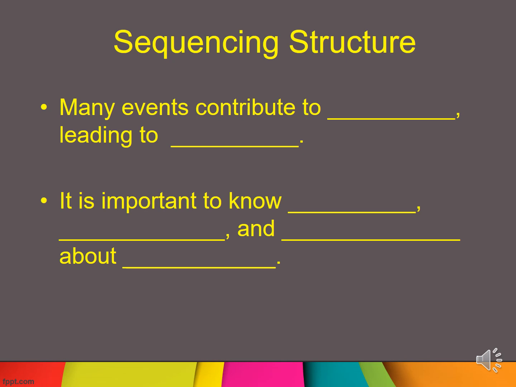Now, there are additional sequential words besides the expected first, next, then, and last. It's not that these words cannot be used for sequencing, it's that sometimes their use can become formulaic if the author is not a very skilled writer.